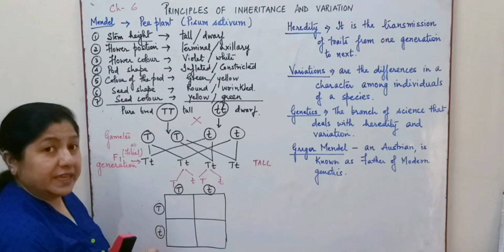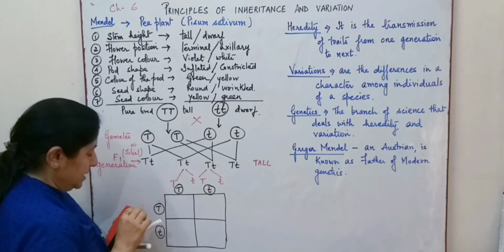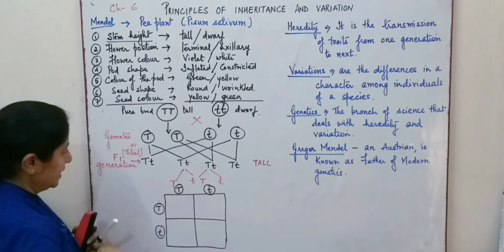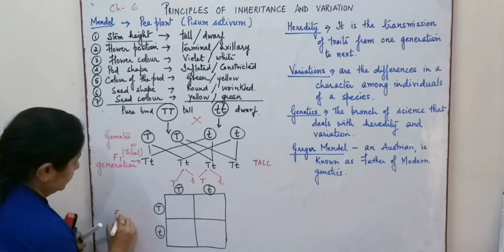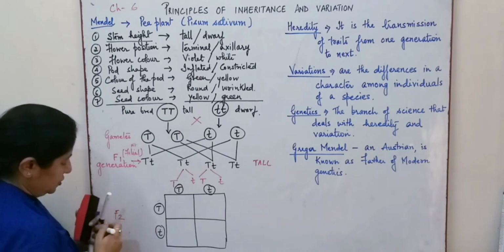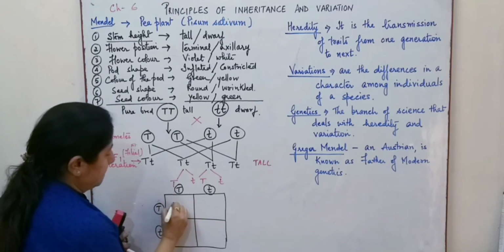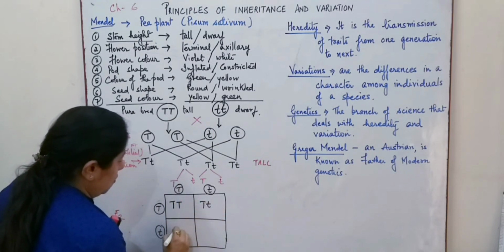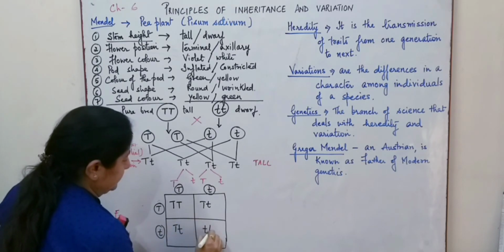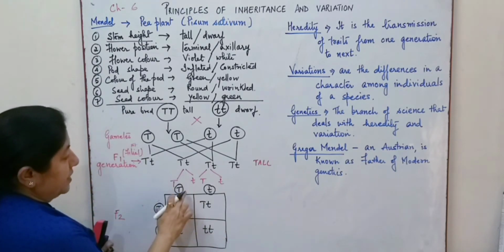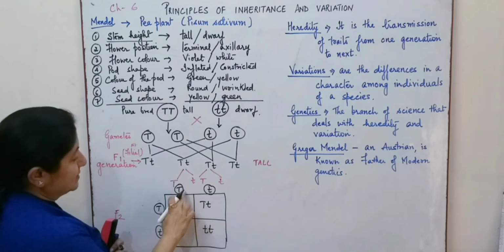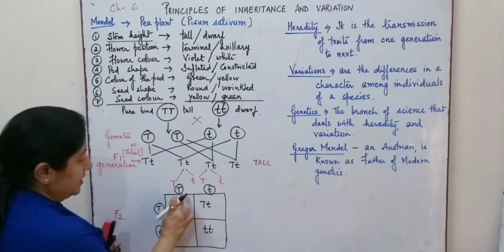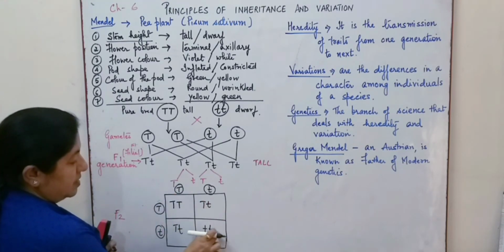Now, when he studied this, he found that the plants which were obtained in the next generation, that is the F2 generation, or the second filial generation, on selfing, he got a different ratio altogether. Now we have arranged the gametes formed by this in a Punnett square, and when they are selfed, that means they will be forming this.